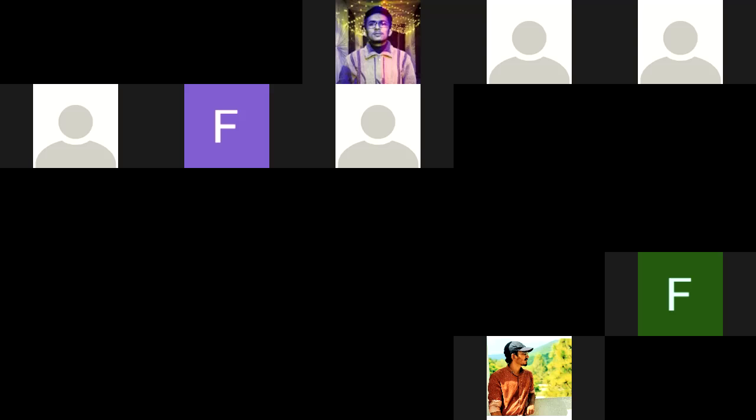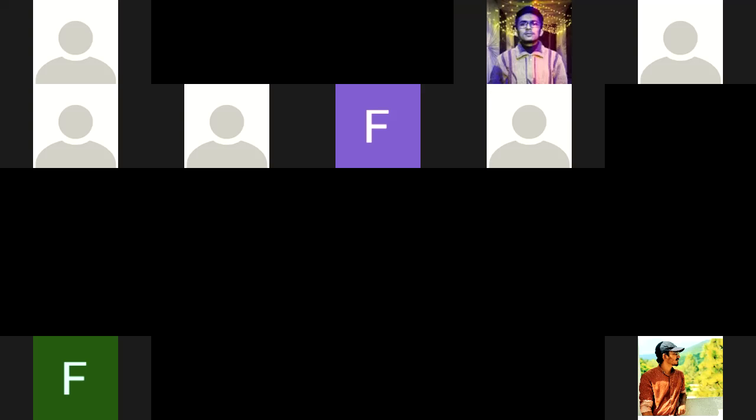Maybe after some time that management has changed, and definitely there is a change in the political system and district management, or for example, that particular deputy commissioner is transferred.